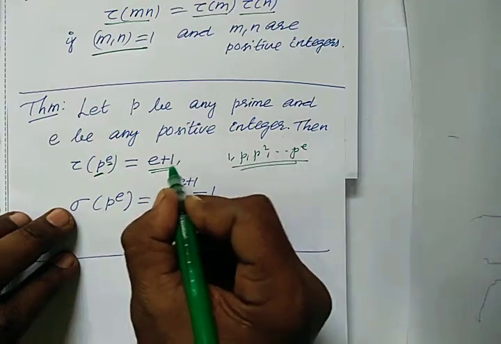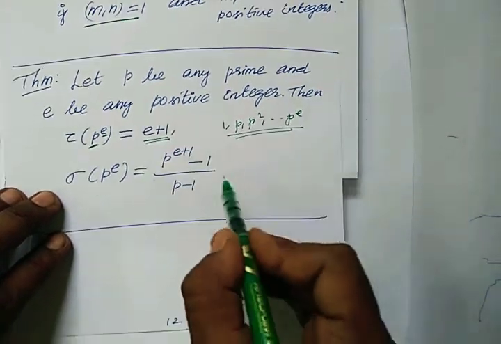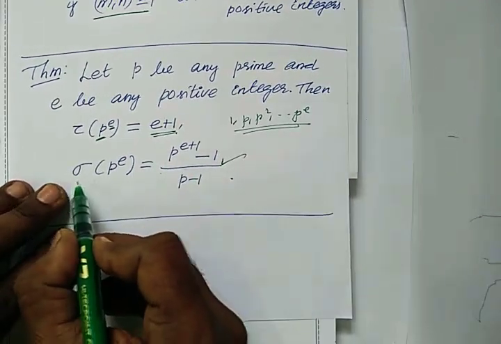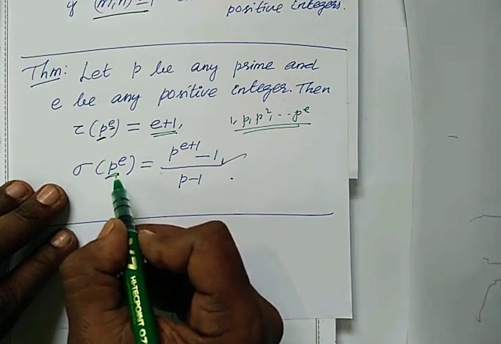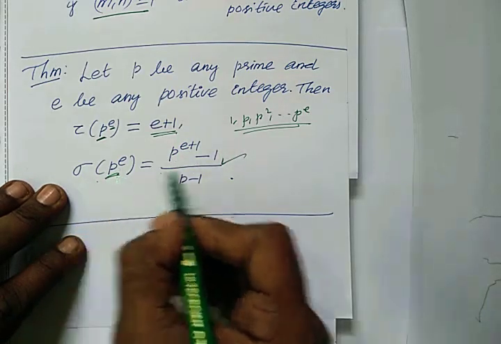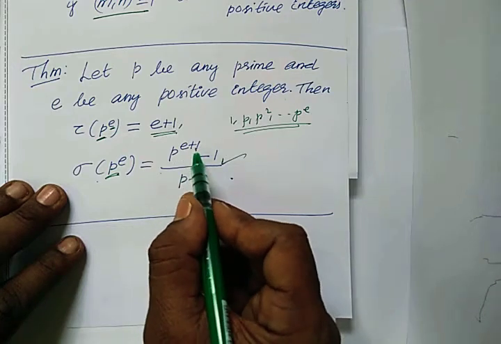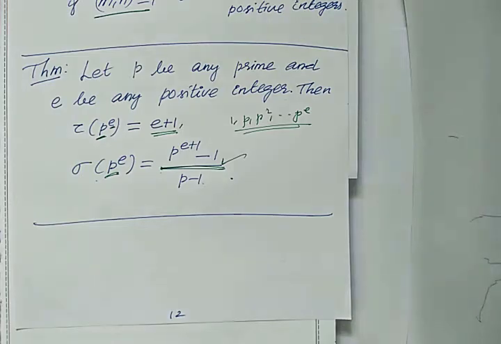There will be e plus 1 factors. And the sum of these factors, sigma of p power e, means the sum of the positive factors of p power e. What is the formula? P to the power e plus 1 minus 1, whole divided by p minus 1.